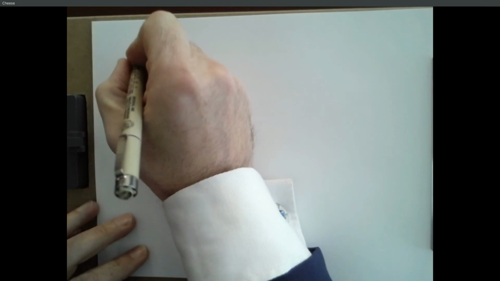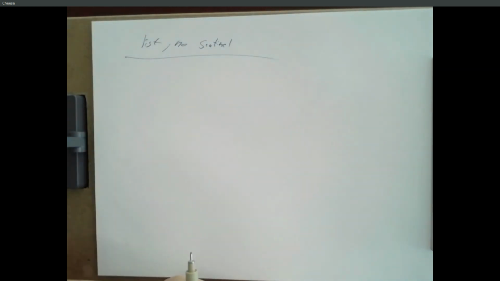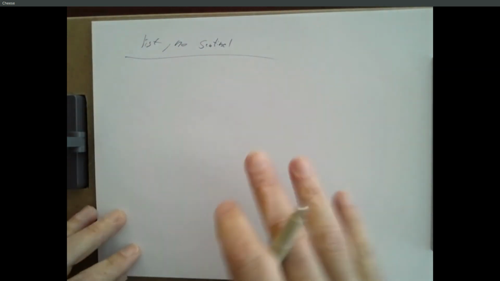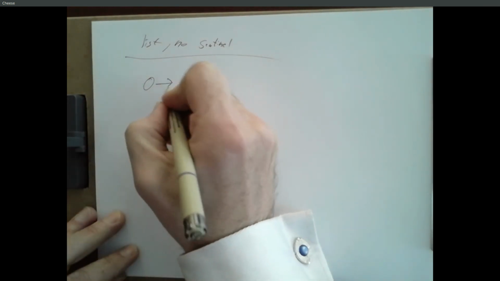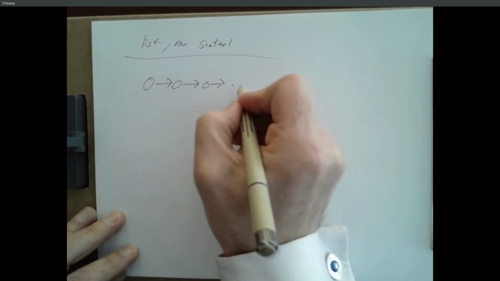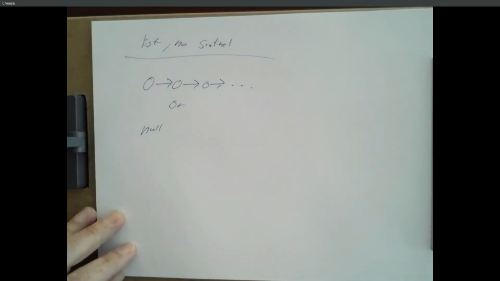Let's think about a linked list with no sentinel. We're going to forget about sentinel nodes after Friday until the final exam, because we're not going to use sentinels in trees. Okay, but let's think about a linked list with no sentinel. So our list looks like this, or it's just null if our list is empty.